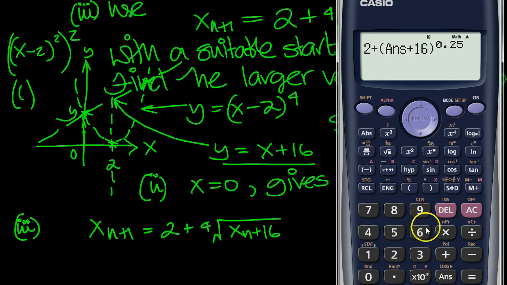Equals, we get 4.08, then keep running it through, 4.117, and it settles down to 4.117.